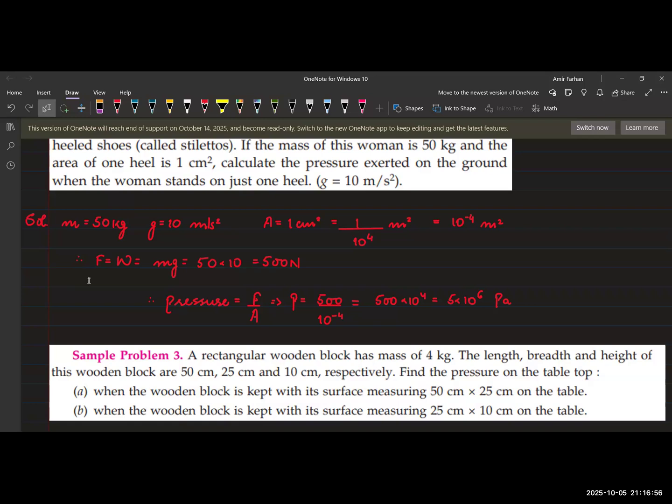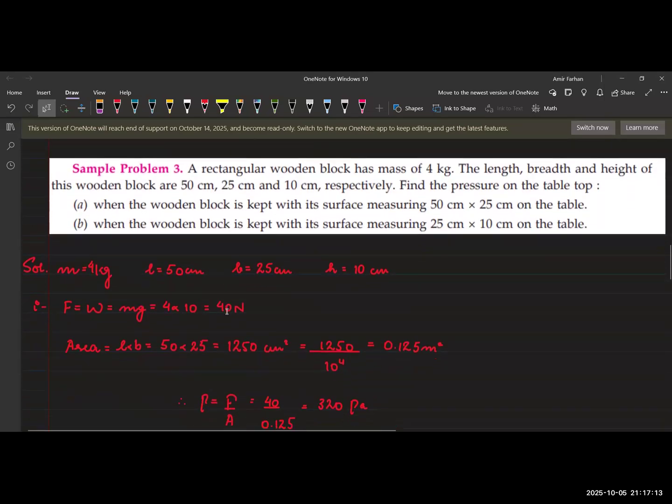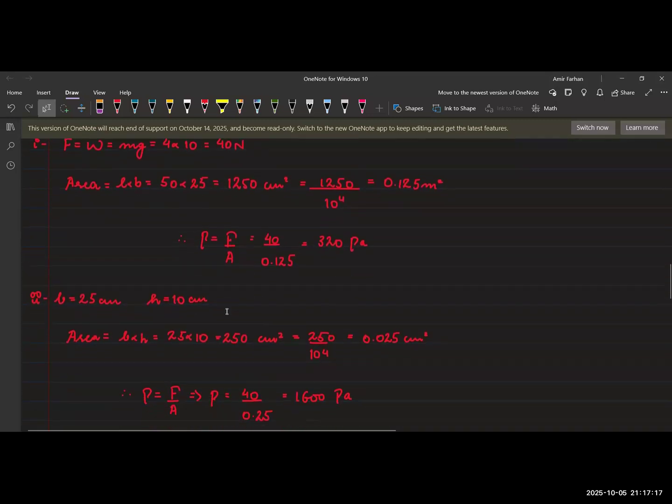If I'm asking orally whether you have done it or not, that is oral. The answer would be 320 Pascal for the first part, and the second would be 1600 Pascal. As you can see, as you decrease the area, the pressure increases very drastically.